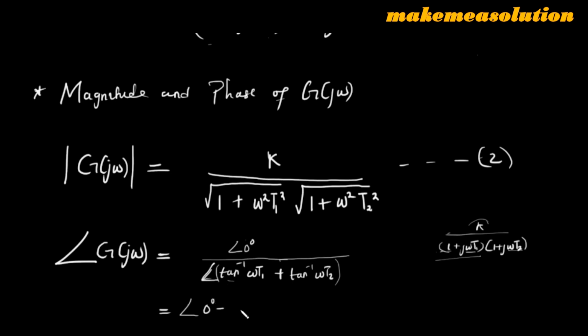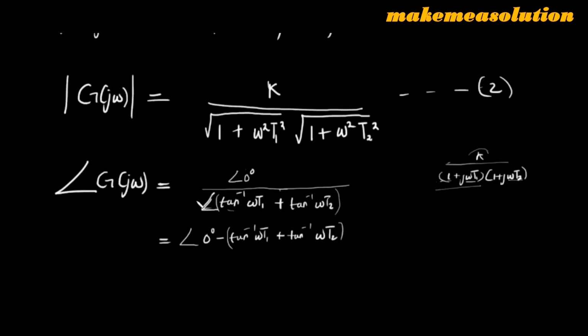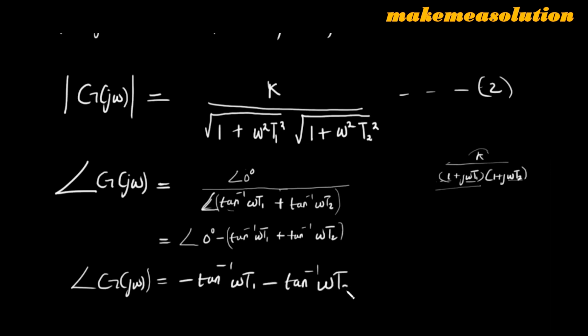So 0 degrees minus the sum of these two, which is tan inverse of omega t1 plus tan inverse of omega t2. So eventually we are going to find it as G of j omega. I'll do away with this cap. You just have 0 minus this whole stuff, which is minus tan inverse of omega t1 minus tan inverse of omega t2. So I hope you understand how to calculate the phase.